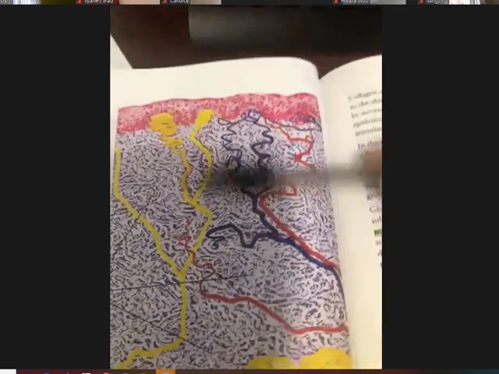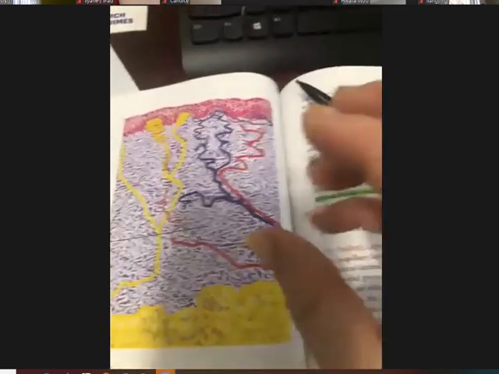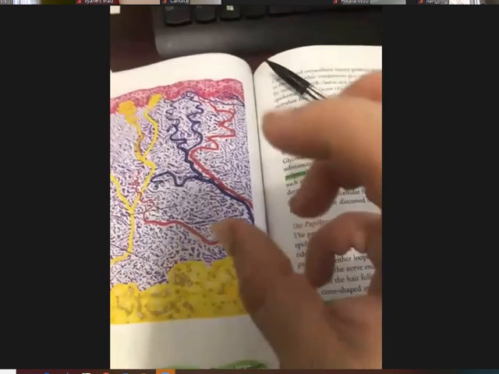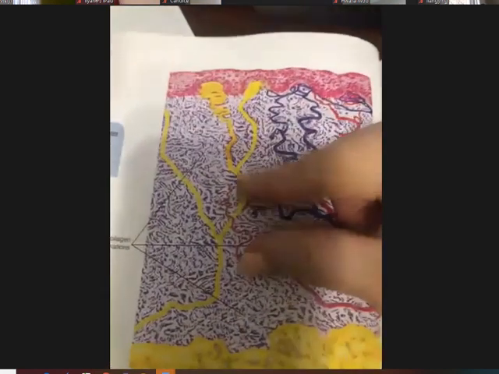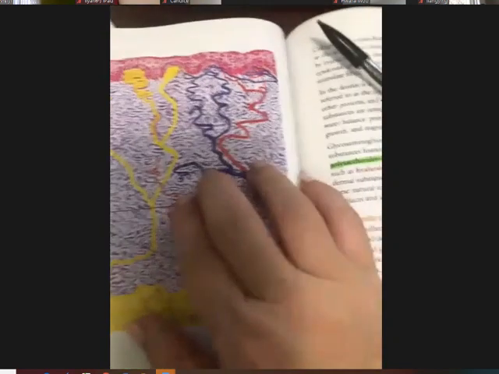That means what? When you have too much sunlight, it can damage your collagen. That's why you will see your skin start to have wrinkles, start to sag. It's because you lost your collagen. Because of the UV radiation, it damages your collagen.